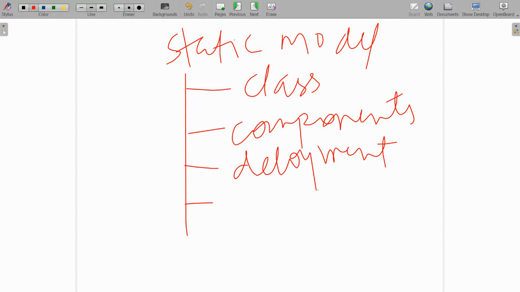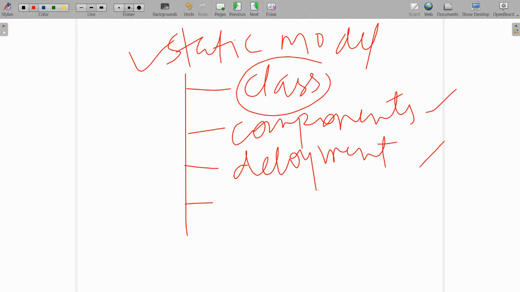We saw the class diagram in the PPT slides. So that is a type of static model. The others are components and deployment. So these are the three important building blocks we have seen.